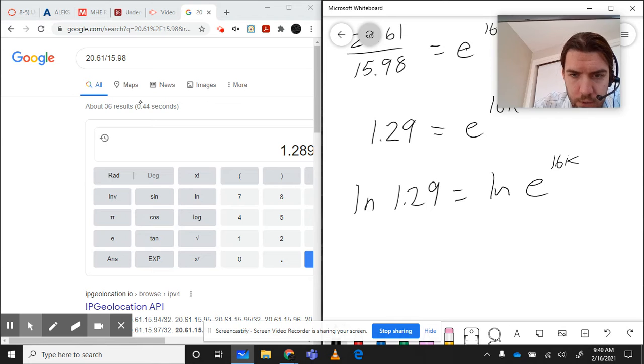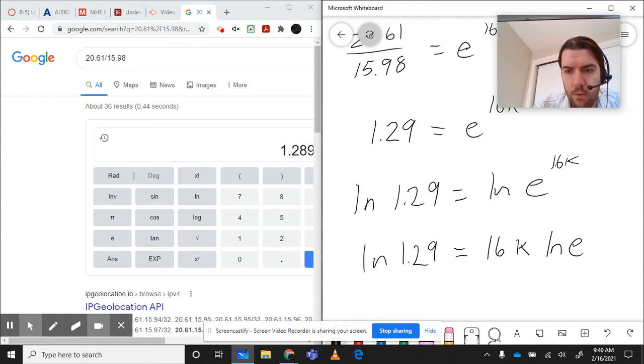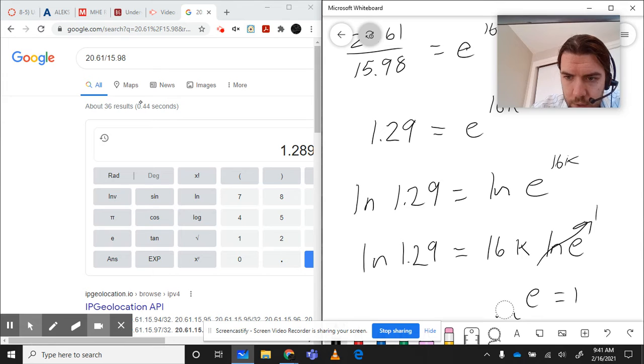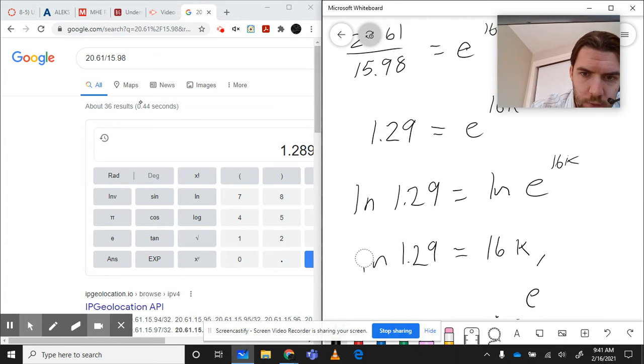So we'll get that the natural log of 1.29 equals 16k times the natural log of e. Well, keep in mind, natural log of e is saying log base e of e. That equals 1. So this whole thing just becomes a 1. And we don't need to have it in the equation anymore. Just multiplying by 1, right? It doesn't really do anything. My mistake. Okay, so we can get rid of that piece.